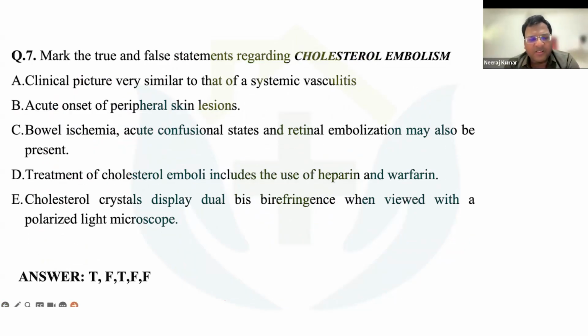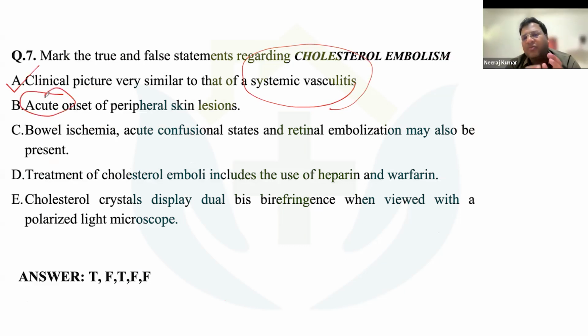I think the options are written here, but I will go straight to it. If you see the clinical picture, yes, it is clearly similar to systemic vasculitis in many patients, but these patients never have an acute onset. It takes a long time to develop peripheral skin lesions, and many of the patients present with bowel ischemia, some acute neurological deficit, as well as a change in vision, like retinal embolization leading to blurring of vision. And cholesterol emboli are never treated using heparin and warfarin.